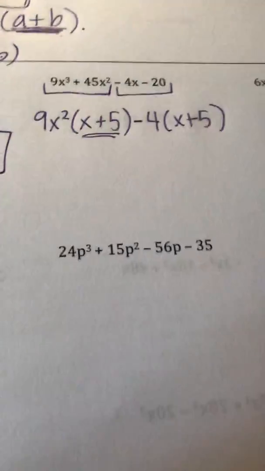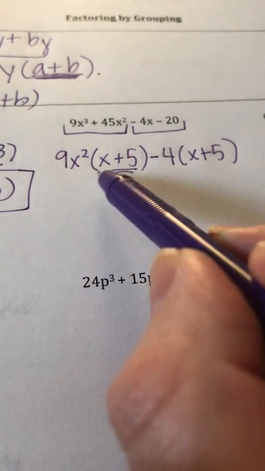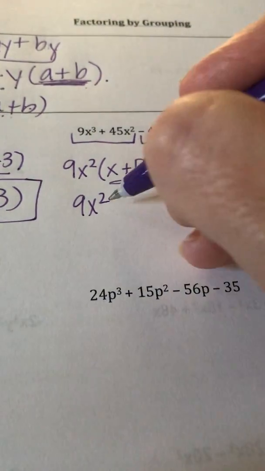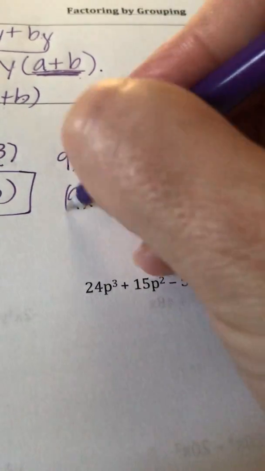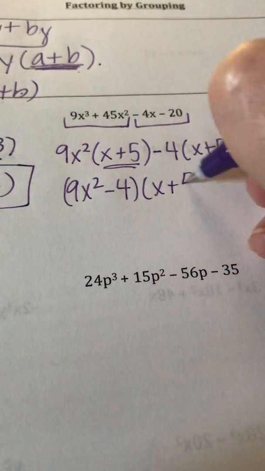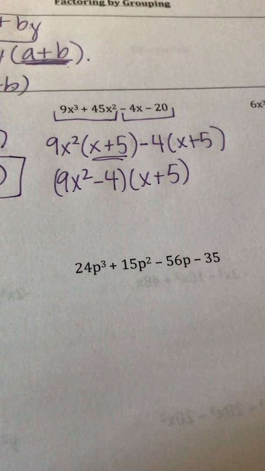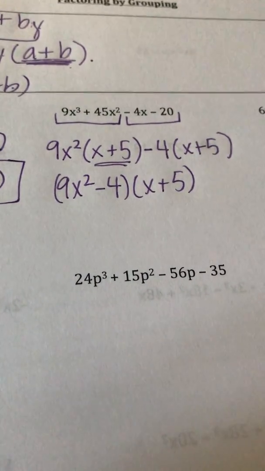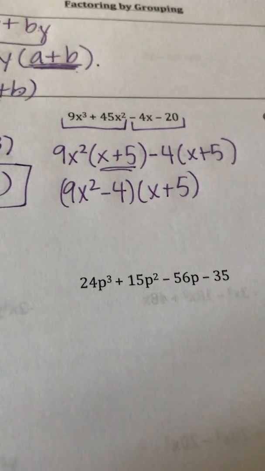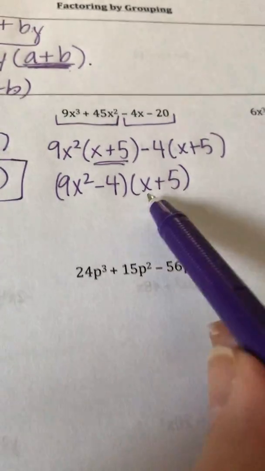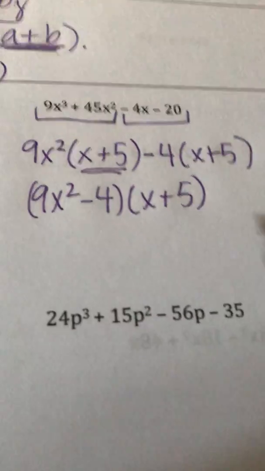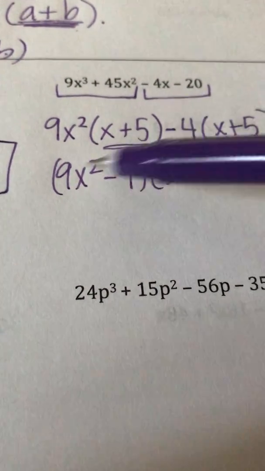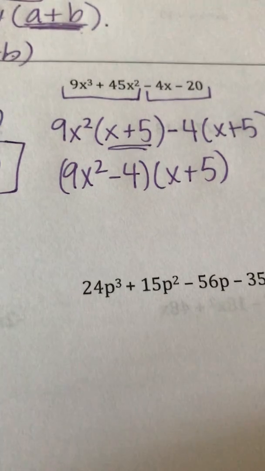Now I'm going to look at what my factors are. 9x squared minus 4 is one factor. X plus 5 is the other factor. Now, what we said earlier is that we always want to check to make sure that we've factored completely. X plus 5 obviously looks like it's been factored completely. But my 9x squared minus 4 reminds me of something.